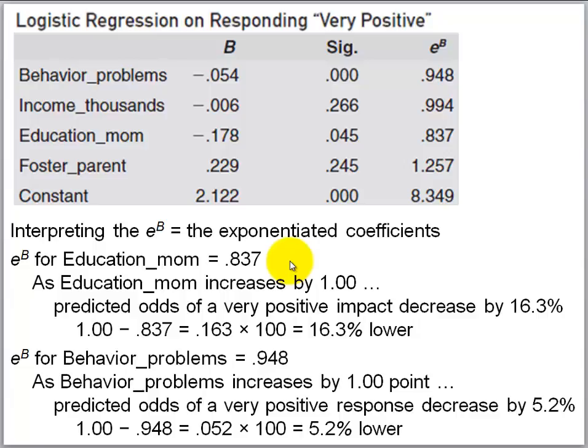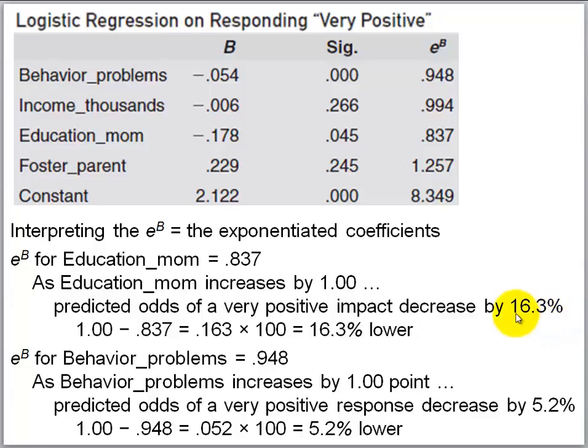So as mom's education increases by 1 point on this scale, that is, for every 1 point increase on the scale, the predicted odds of the adoptive parent responding very positive regarding impact decrease by 16.3%. So as education goes up, the odds of a very positive impact are decreasing.